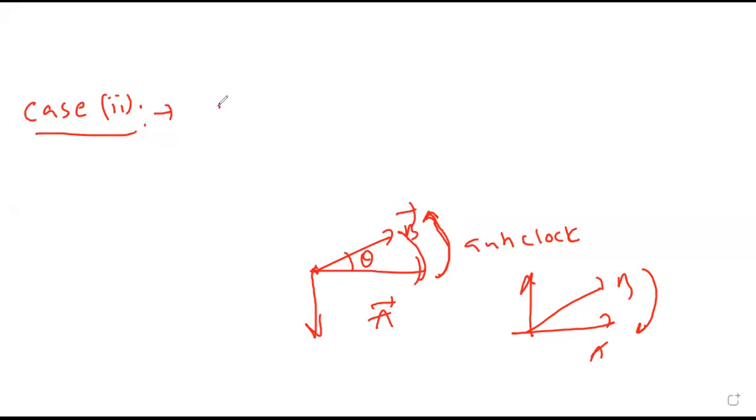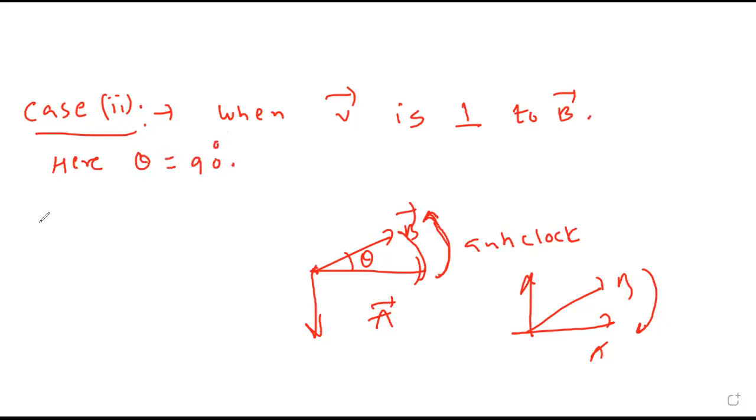So case 2, when V bar is perpendicular to B bar. Here theta is 90 degree.